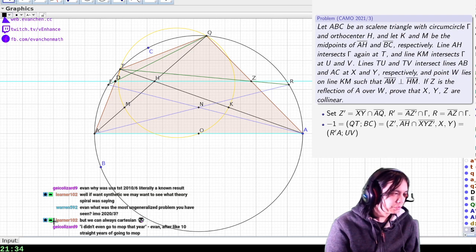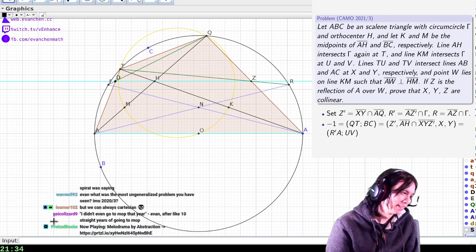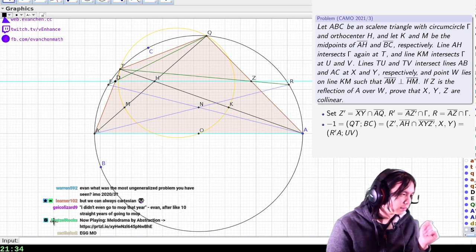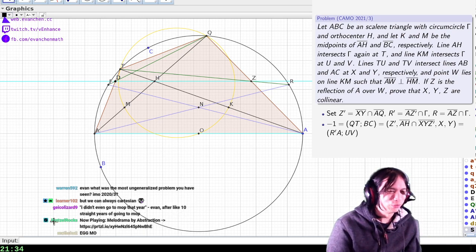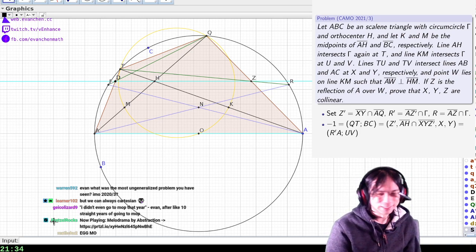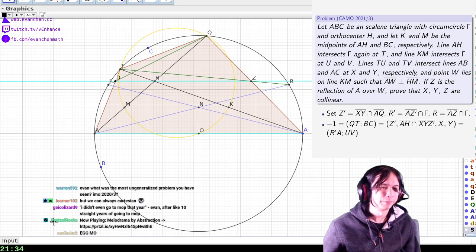What was the most ungeneralized problem? Honestly, EGMO 2026 might take that prize. Sorry, not 2020, 2021, like the most recent EGMO 6. Although 2026 was also pretty bad. Was it 2020? Hang on, no, I'm getting the years mixed up.